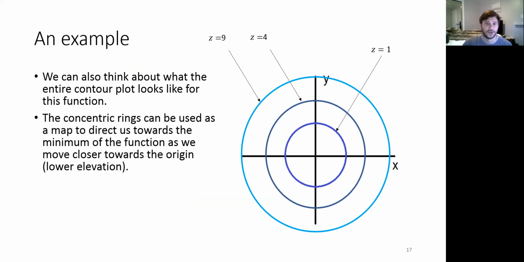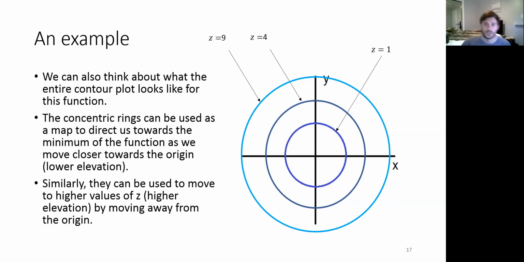If we wanted to move towards lower elevation, we can move closer in towards the origin. But moving away from the origin is going to move us to higher elevation.